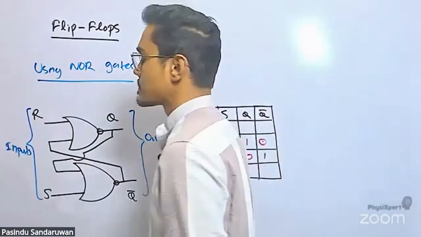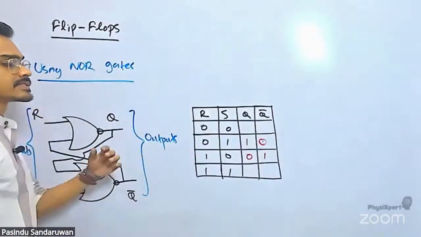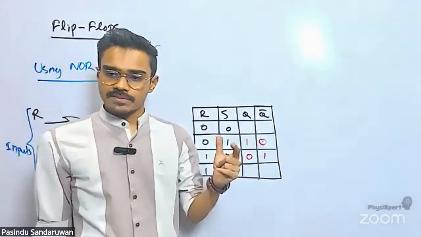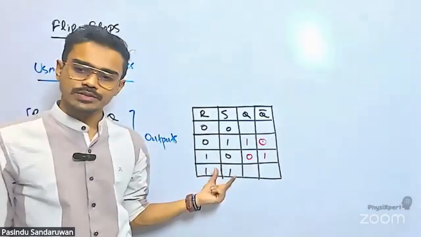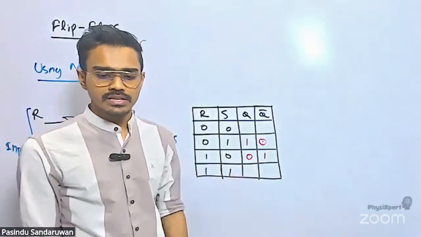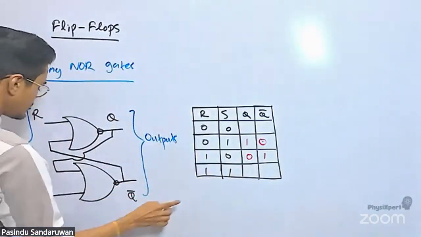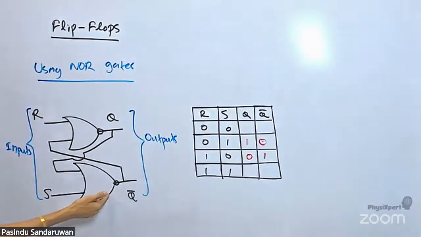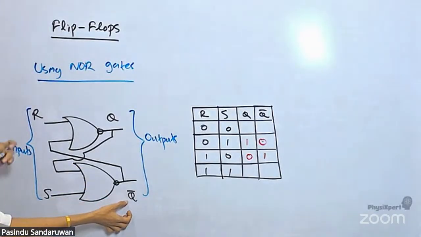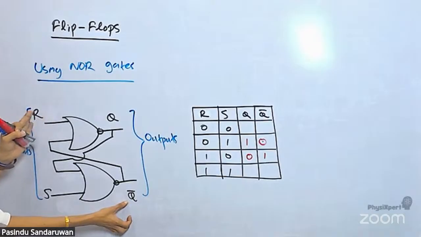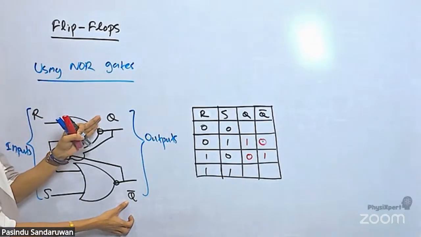The other one is done like this. Here we have 1, 1. If you try to simplify this line, listen: 1 plus anything is 1, its bar is 0. Can you see that?